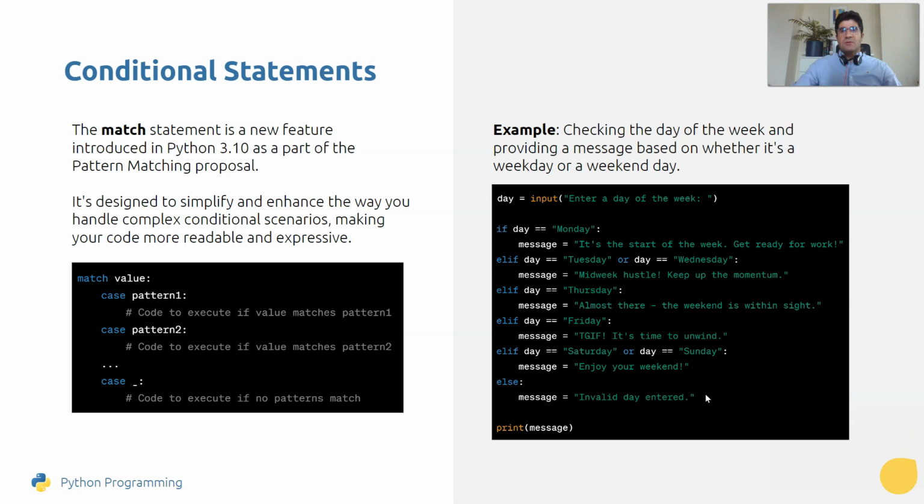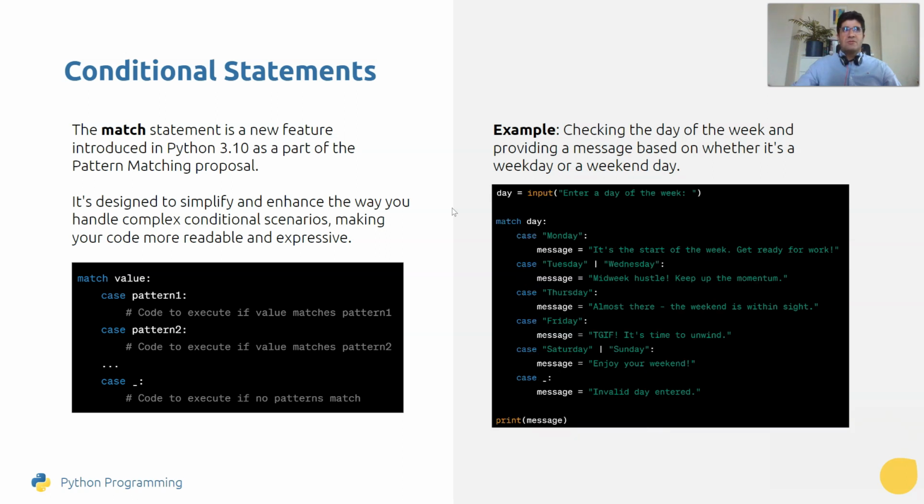So we can replace this and rewrite the same thing using the match statement. We read the day at the beginning, and we pass the day value to the match statement, and the match statement will try to compare the value inside day with those patterns.